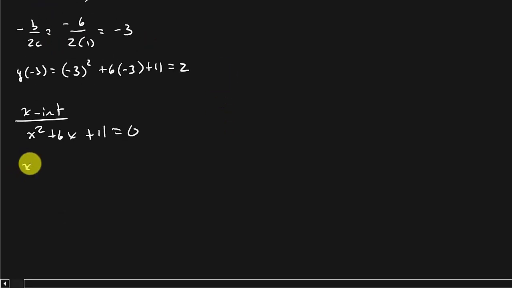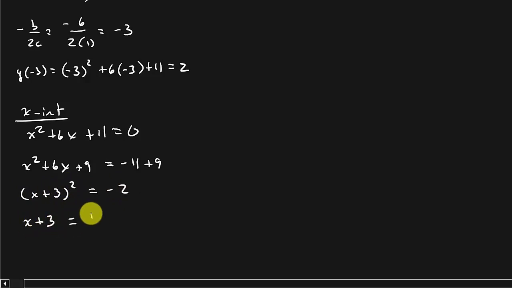All right, so remember I've got x squared plus 6x, move the 11 over, equals negative 11, leave a little space here. So we take half of 6, which is 3, square 3, that's 9, so plus 9, and then this is x plus 3 squared equals negative 2, and so x plus 3 equals plus or minus i square root of 2.